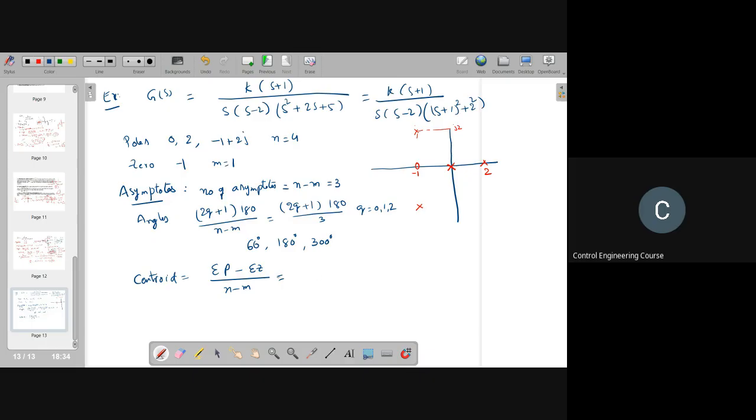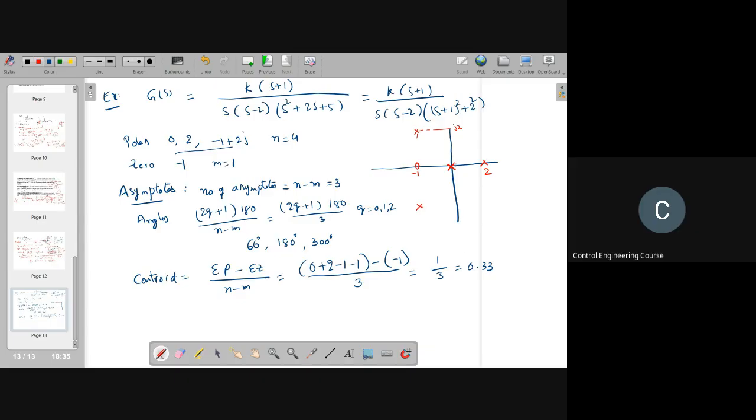So here the poles are at these points: 0 plus 2 minus 1 minus 1, minus the zero at minus 1, divided by 3, that is equal to 1 by 3 or 0.33.